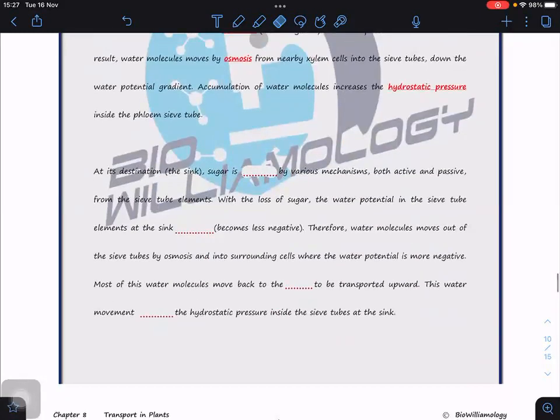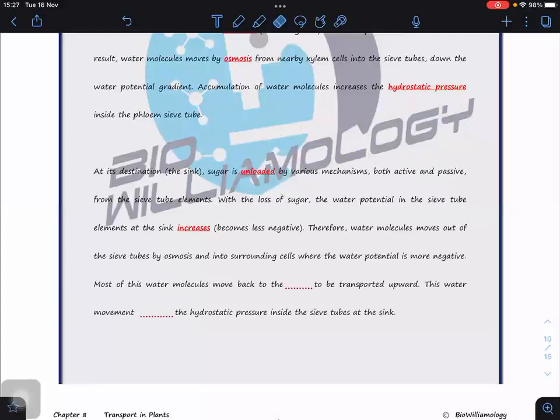At the sink, sugar is unloaded by various mechanisms. It can be active, it can be passive, from the sieve element. With the loss of the sugar, the water potential now increases, because it becomes more dilute.